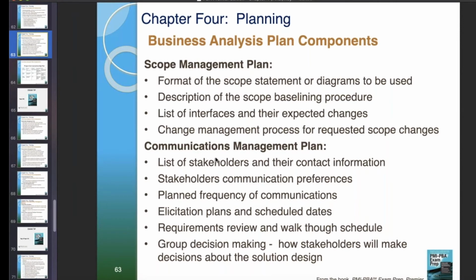communications management plan, list of stakeholders and their contact info, stakeholders' communication preferences, plan frequency of communications, elicitation plans and scheduled dates, requirements review and walkthrough schedule, and then group decision making, how stakeholders will make decisions about the solution design.